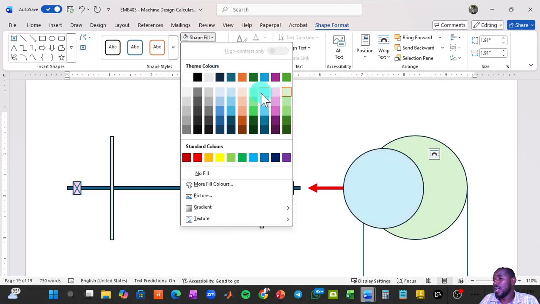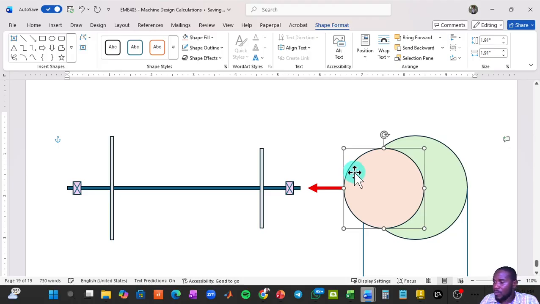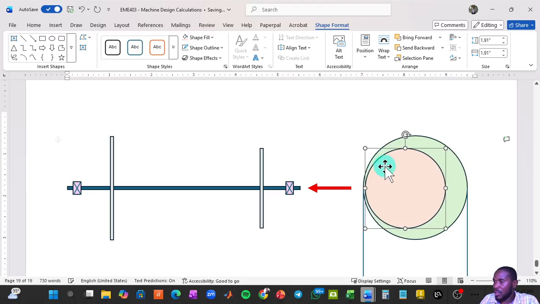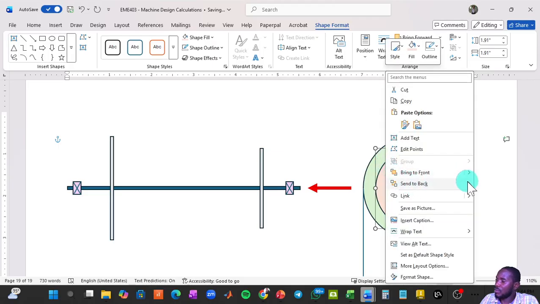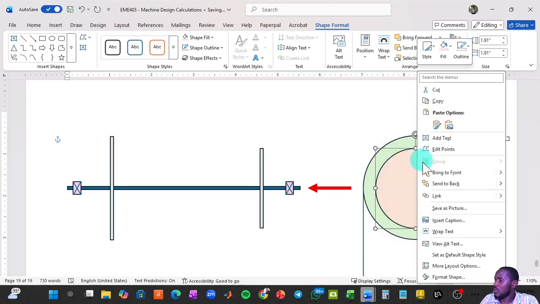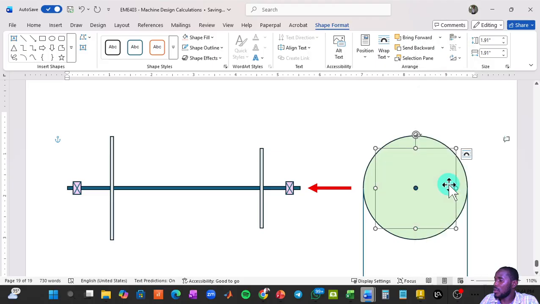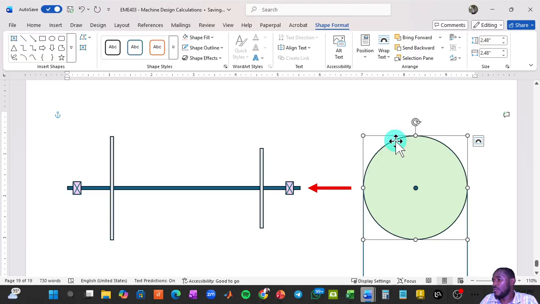We've had purple, we've had light green. Let's have light red, and we'll move it back. Send backwards, again. Good. Oh, that's too far now. Okay, fine. Then we take this to the back.